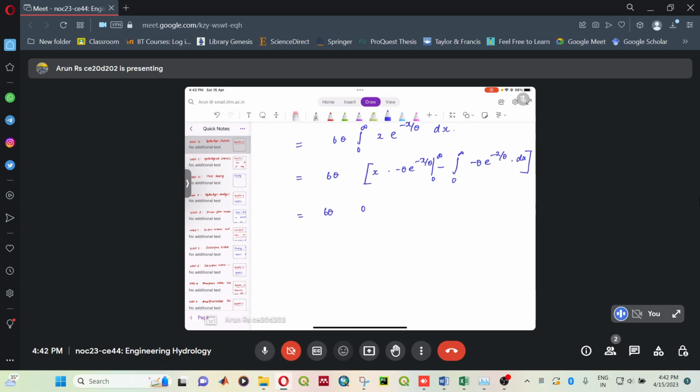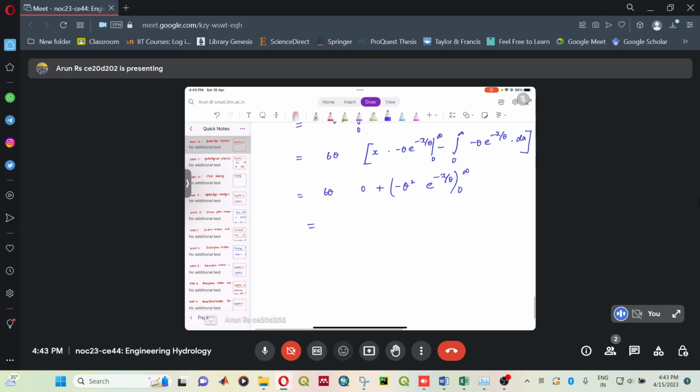So that will be 6 theta. The first term will become 0 and rest will be, if we integrate the second term, we will have theta square and there will be a minus sign, x by theta, over the limit 0 to infinity.